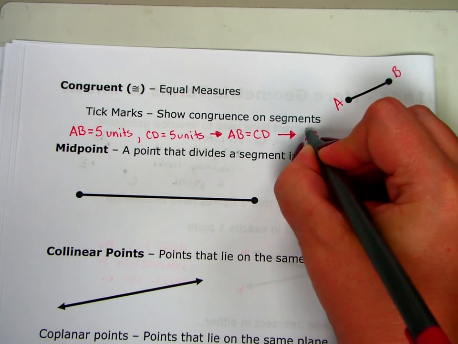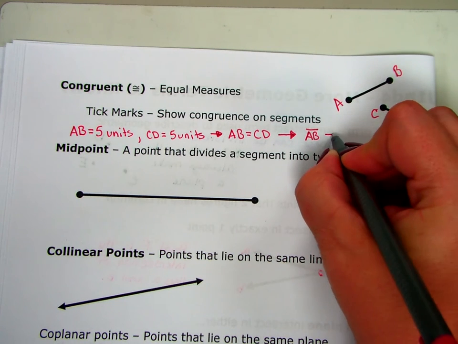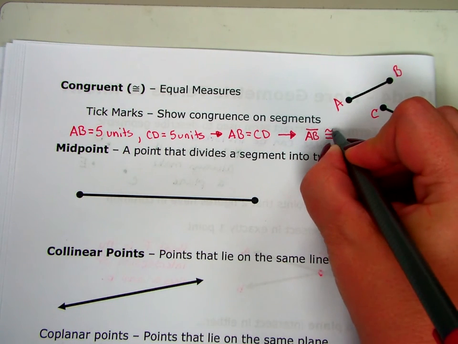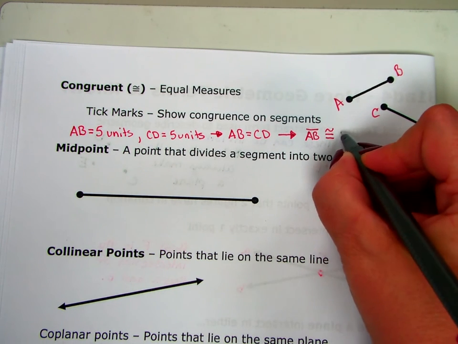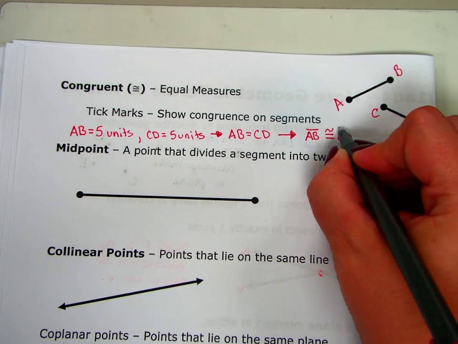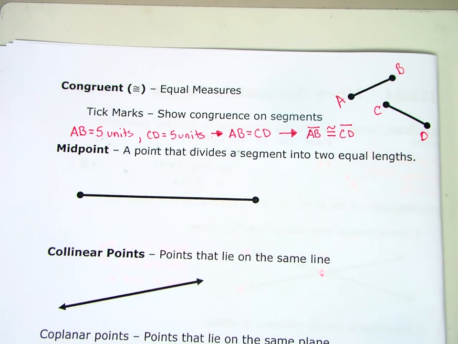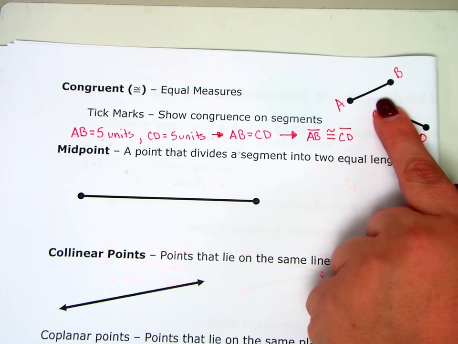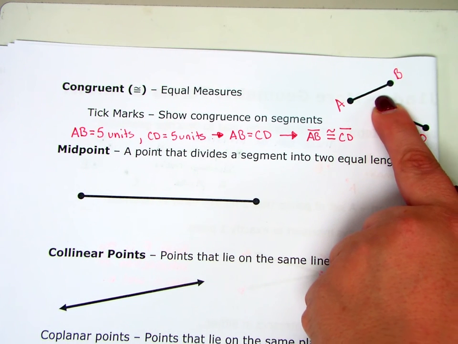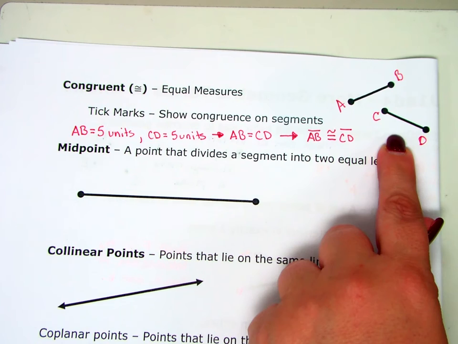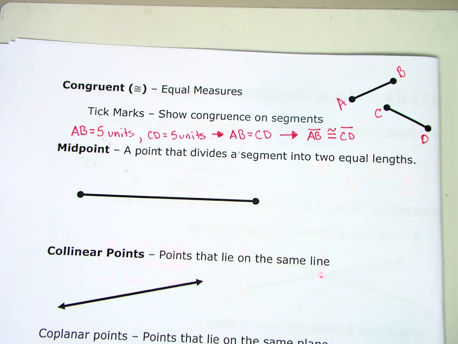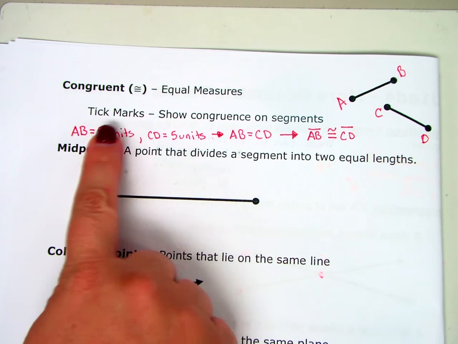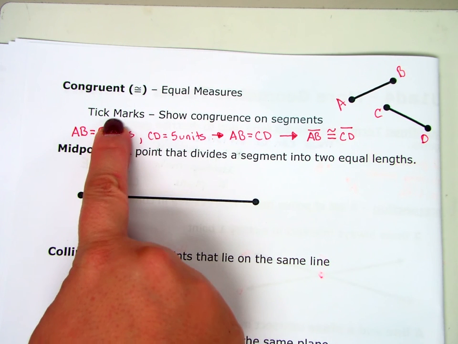Then we can say the segment with endpoints A and B is congruent to the segment that has endpoints C and D. Could I call this segment BA? Yes. Could I call this one DC? Yes.